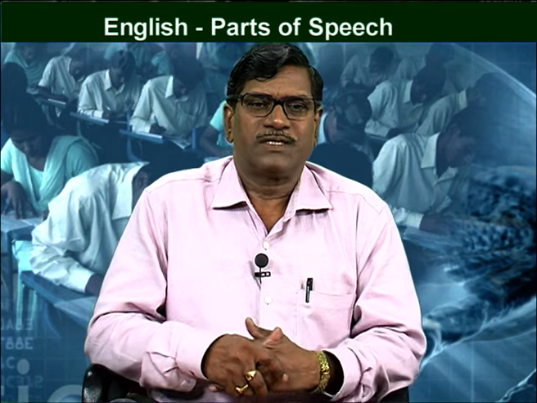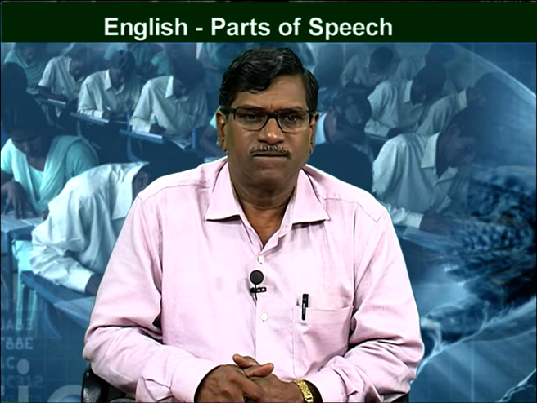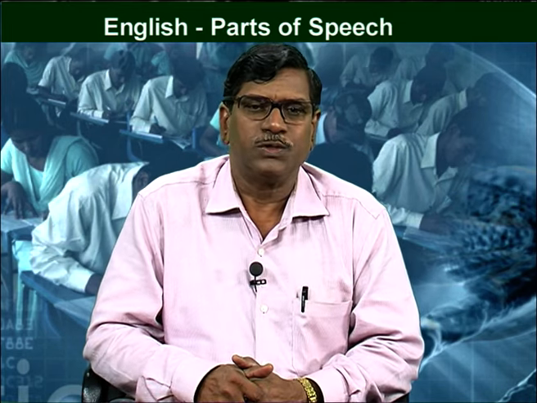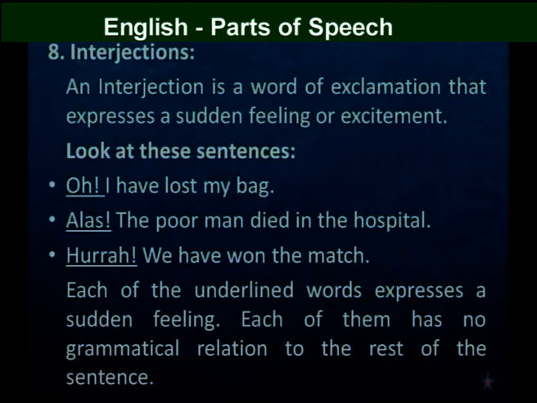Interjections, what is an interjection? An interjection is a word of exclamation or a sudden feeling. An interjection is a word used to express a sudden feeling like, oh, alas, hurry, like that.